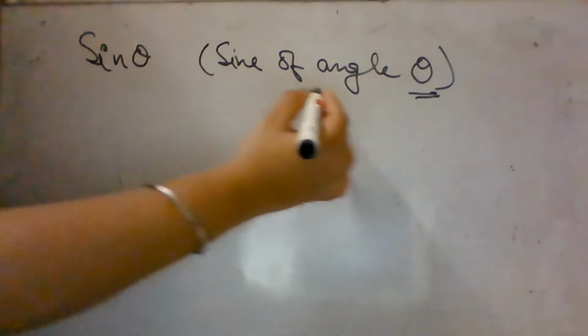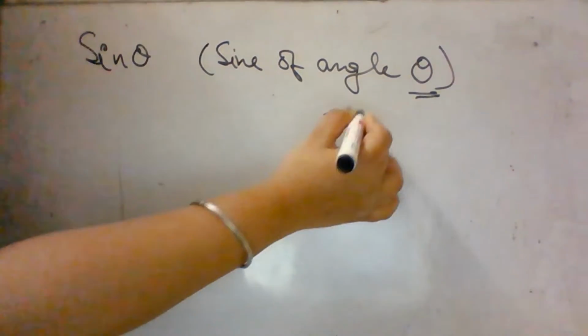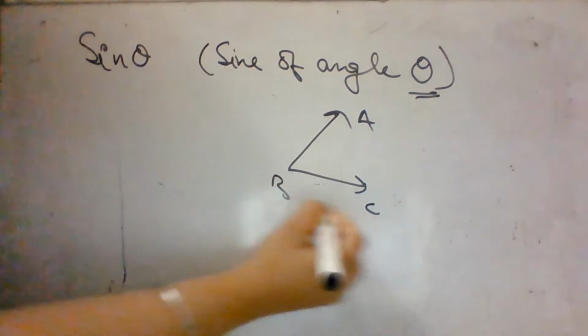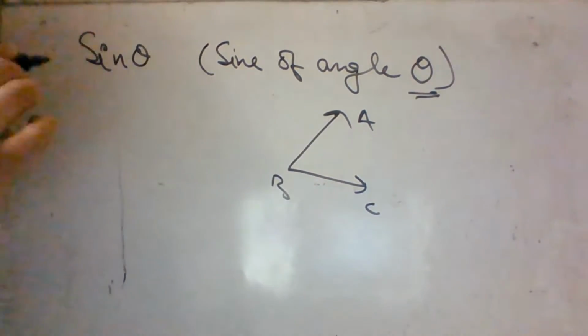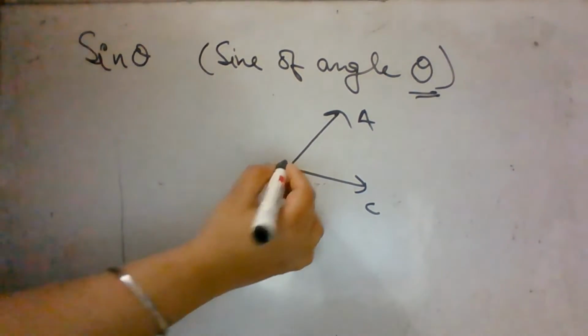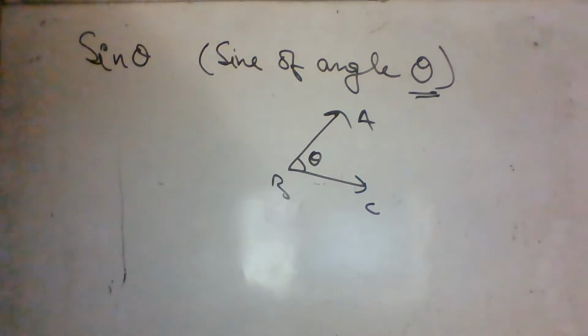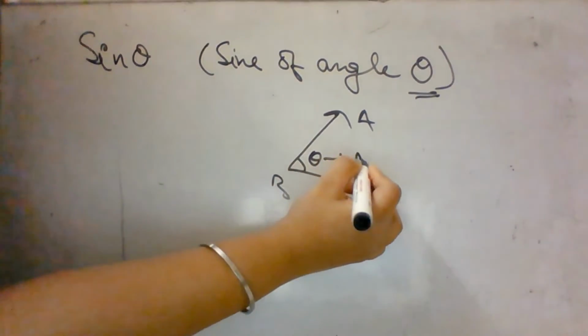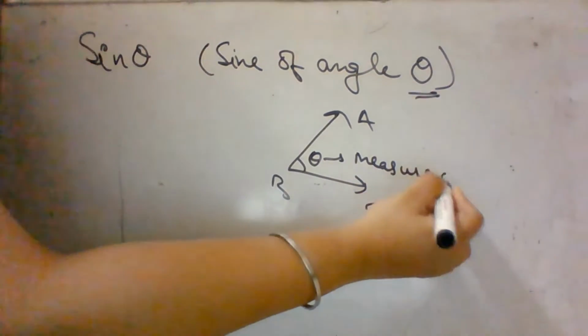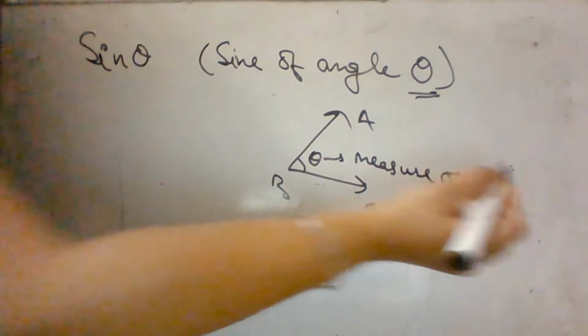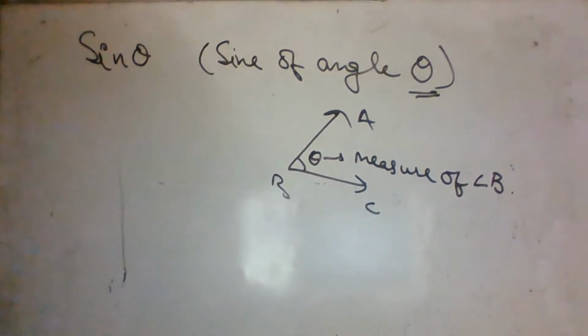Suppose you have like angle ABC and you will say that this is angle B. So I am just giving the angle a name, that is theta. So theta is nothing but the name of the angle or the measure of the angle. Fine. So this is measure of angle B or any angle we'll be discussing. So yes, first trigonometric ratio is sine theta.